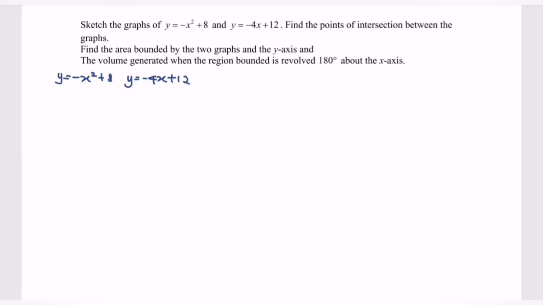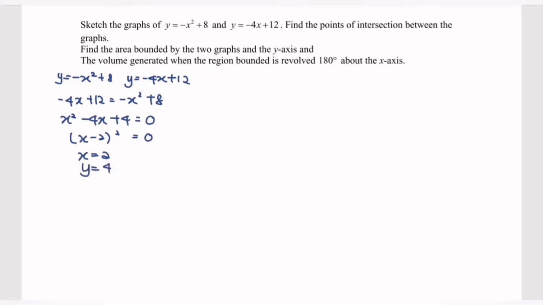Kindly substitute the equations, rearrange the equation, then factor the equation. So x equals 2. When x equals 2, y equals 4. So the intersection point between the graphs would be (2, 4).